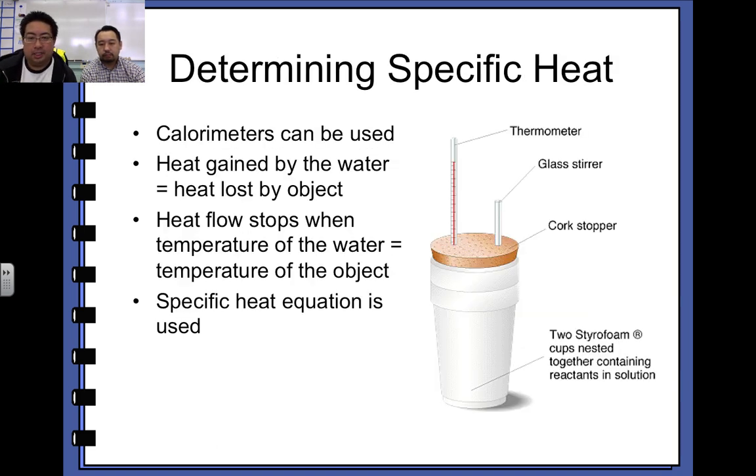So calorimeters can be as simple as two styrofoam cups with a cork in a setup such as this, or it can be a very fancy setup. But the idea here is that the heat gained by the water is going to be equal to the heat lost by the object, and as heat flows, and we know the temperature, we can use the specific heat equation to calculate how much energy the water absorbed, which we can attribute to our object. Right.